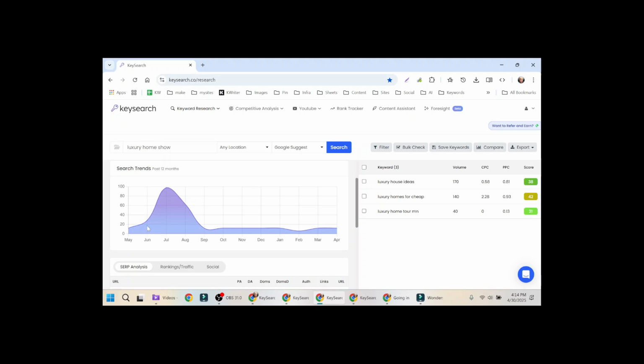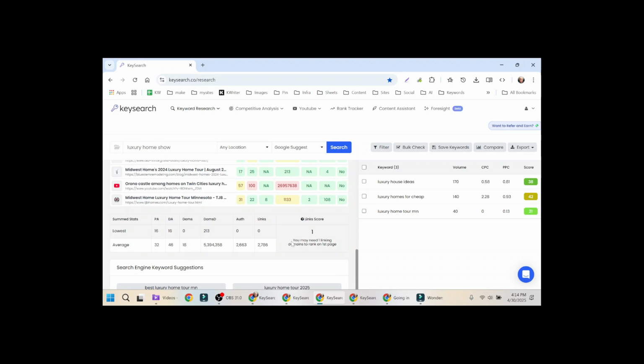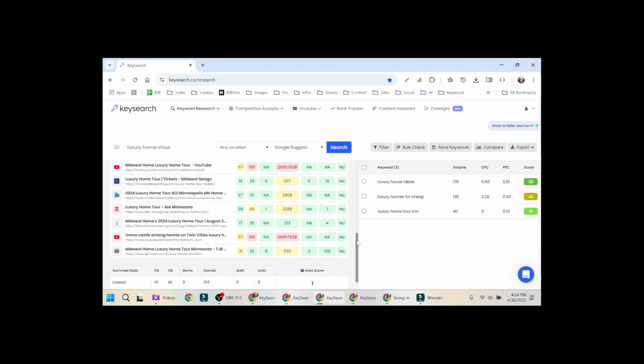It clearly comes up in the summer, so it's more likely to give you traffic in the summer. And the summed stats say that you may need 1 linking domain to rank on the first page. So a money-making idea for you might be to create a directory of luxury home shows and then sell advertising, run ads, and sell affiliate links off of that keyword.